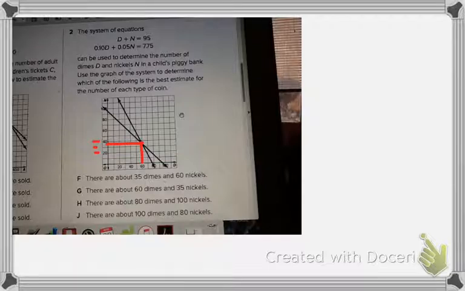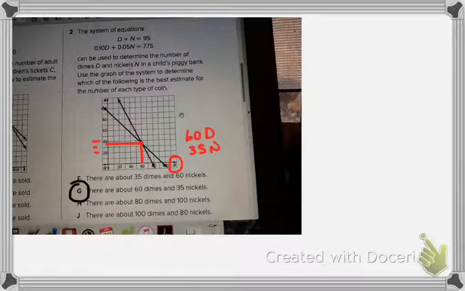Now remember, we have to be careful because D is down here, so it's 60 dimes. This is an estimation, and 35 nickels. So I'm looking for 60 dimes and 35 nickels, which we can see is right here.